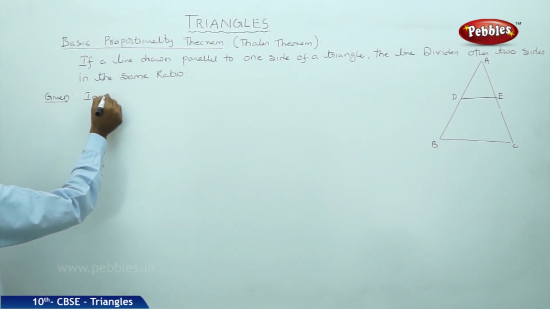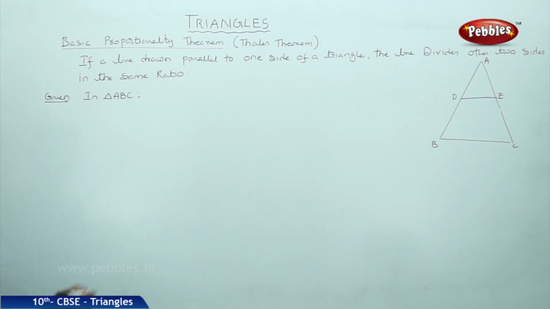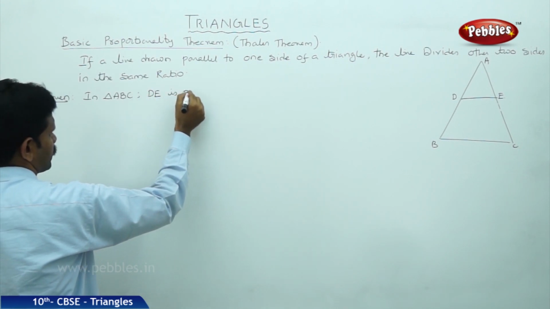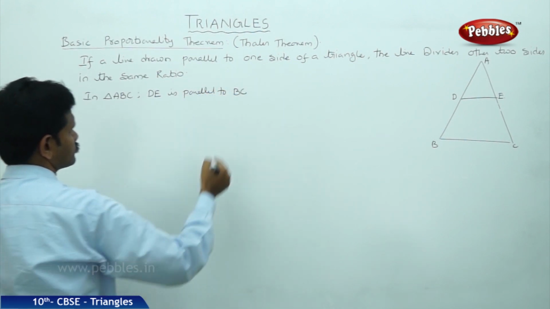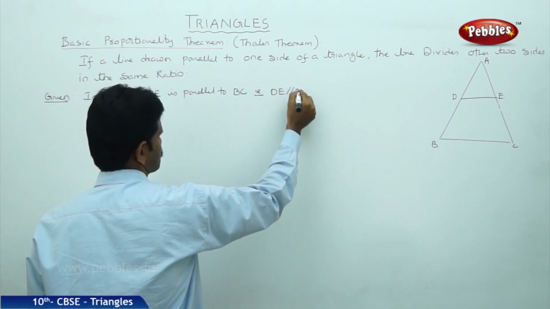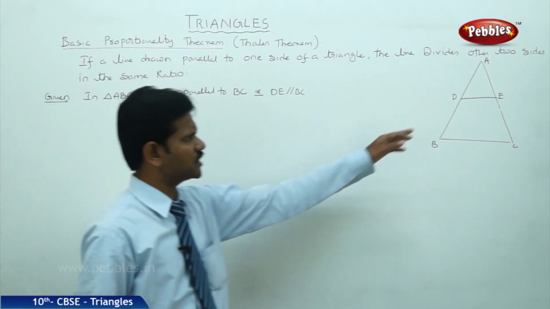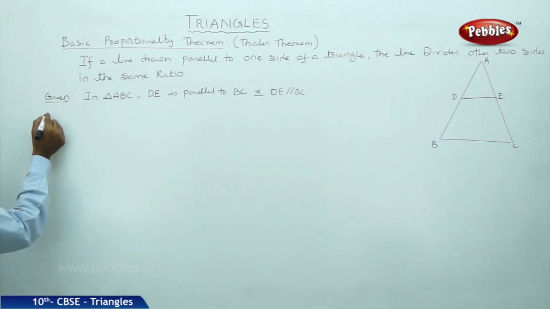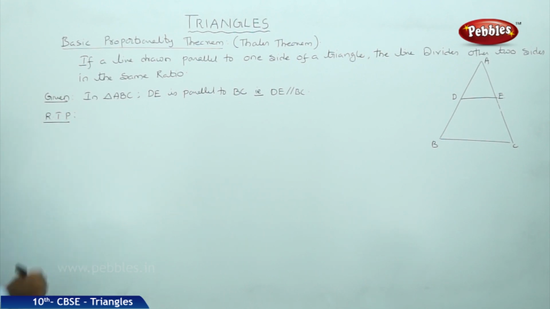Now, given: in triangle ABC, DE is parallel to BC. RTP, required to prove.